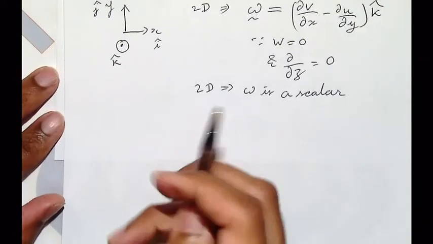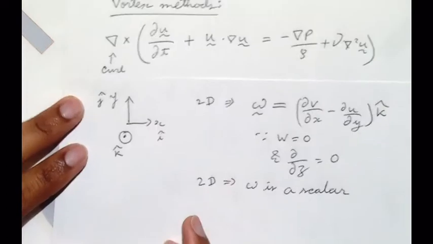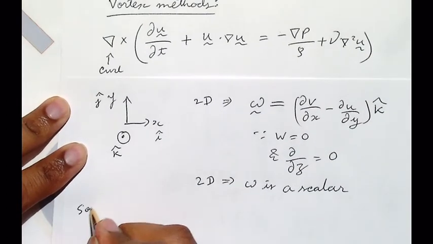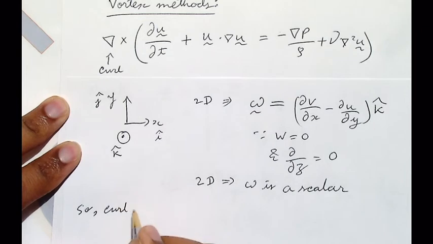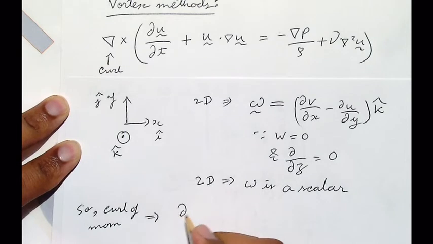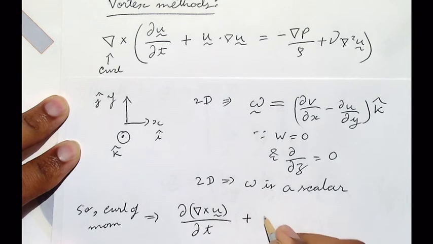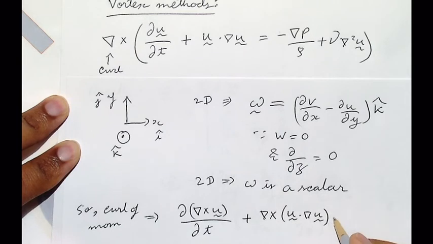The curl of momentum gives me del (nabla cross u) by del t plus nabla cross (u dot nabla u) equals minus nabla cross (nabla p over rho) plus nabla cross nu del squared u.